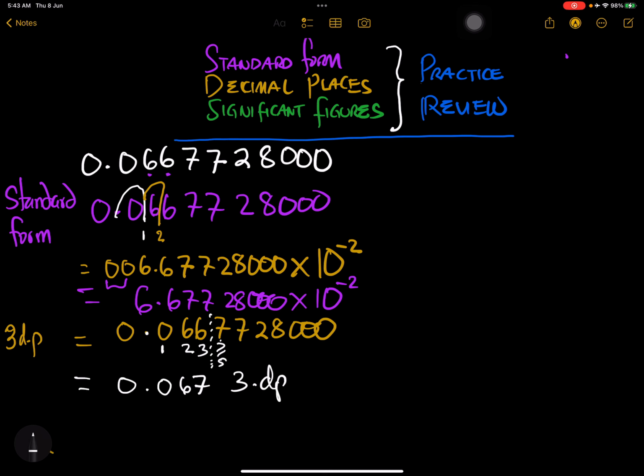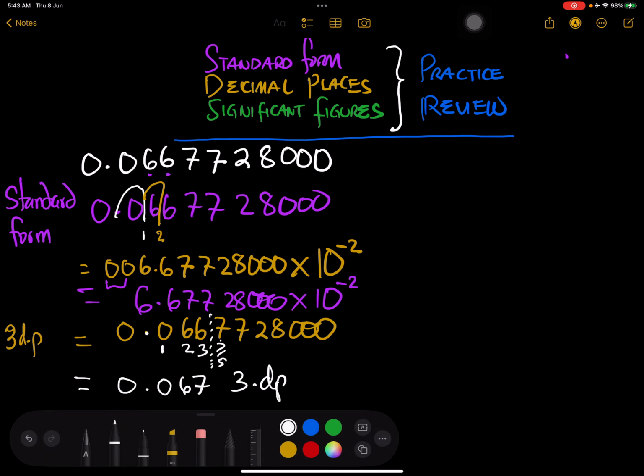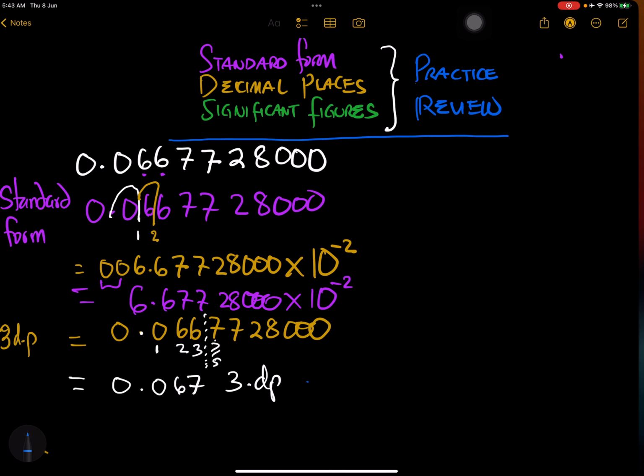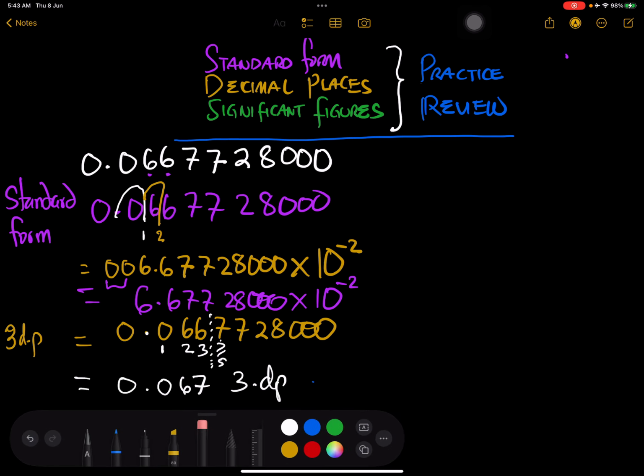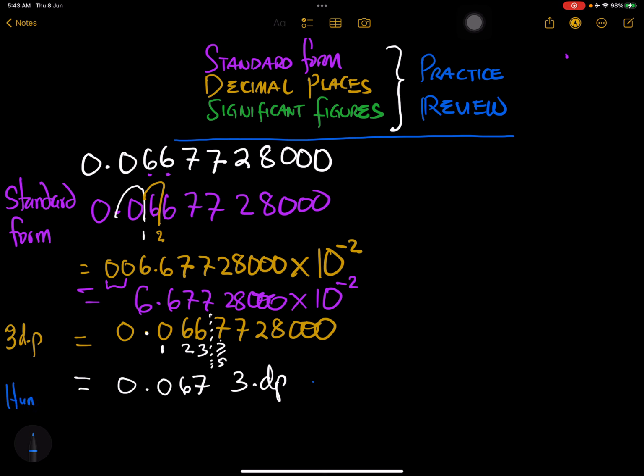Now, what about the hundredths place? Let's say you are being asked to write this to the hundredths place. We have 0.066772812.